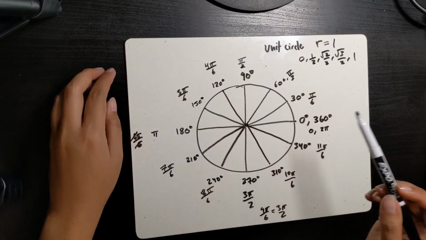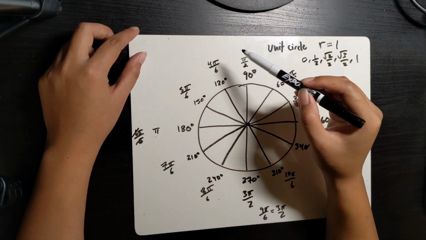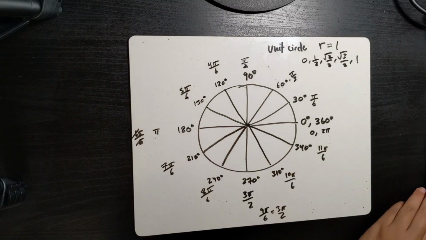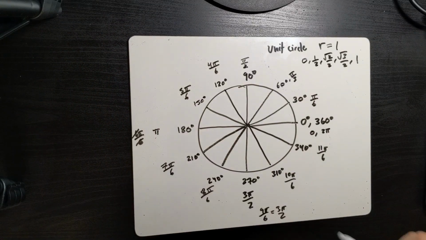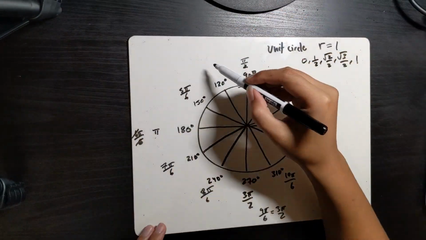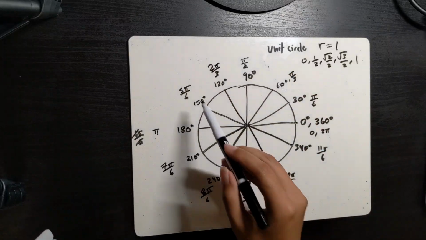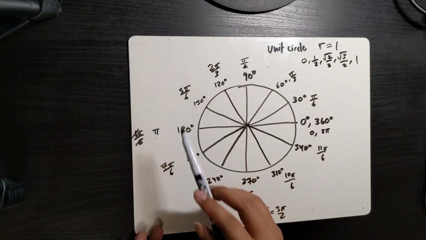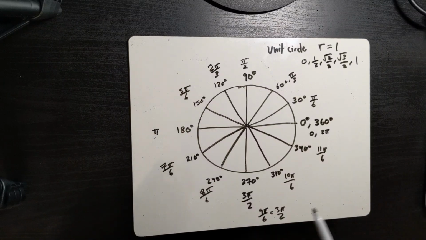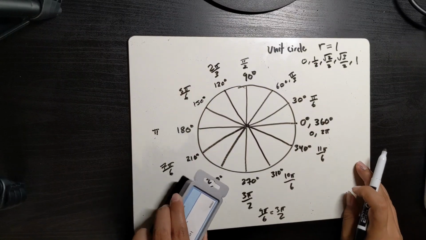Now, you can see the pattern here and how we came up with those numbers. So now that you understand how we got there, we can go back and simplify it. So 4 pi over 6 is just what? Simplify 4 pi over 6, it's just 2 pi over 3, right? That becomes 2 pi over 3. And 5 pi over 6 cannot be simplified any further. 7 pi over 6, the same. 8 pi over 6 can be simplified to 4 pi over 3.